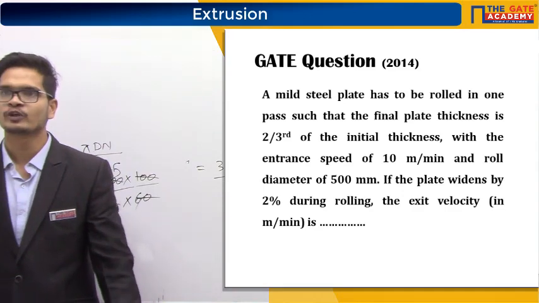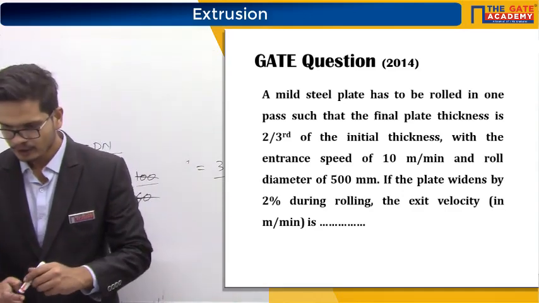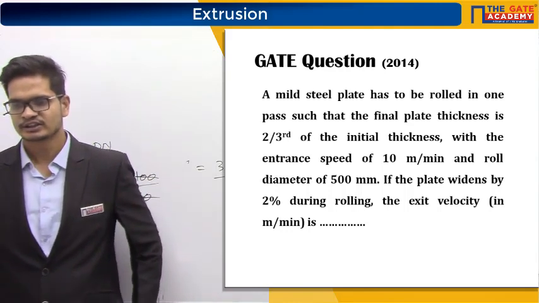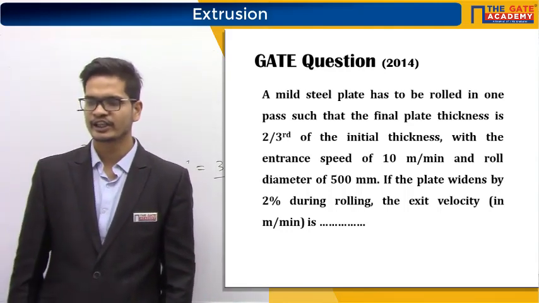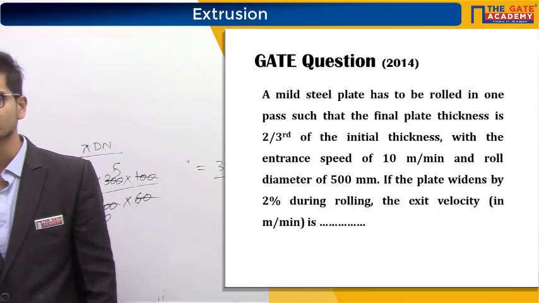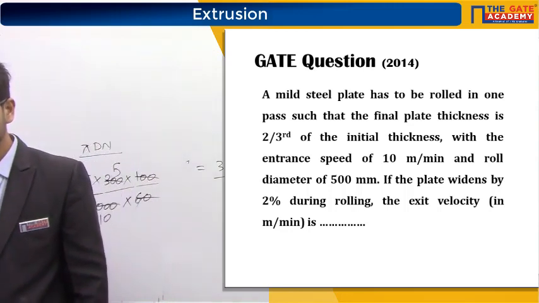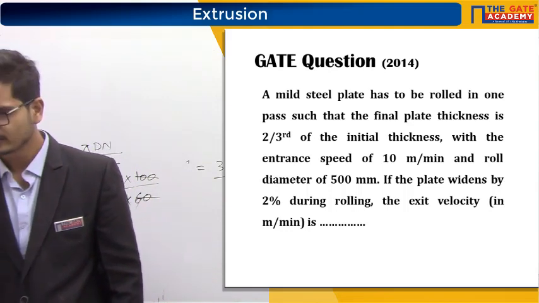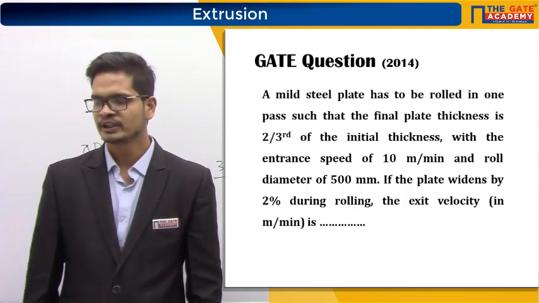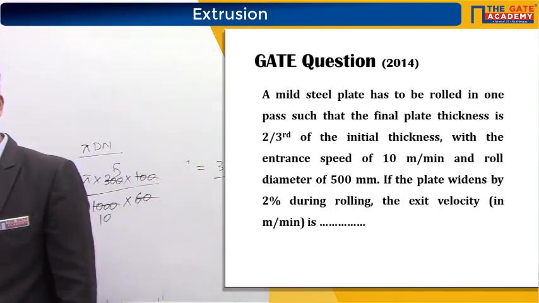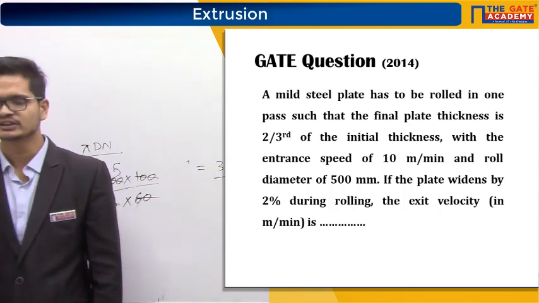This GATE 2014 question is visible on the screen. A mild steel plate has to be rolled in one pass such that the final plate thickness is 2/3 of the initial thickness, with entrance speed of 10 meter per minute and roll diameter of 500 mm. If the plate widens by 2% during rolling, the exit velocity in meter per minute is?